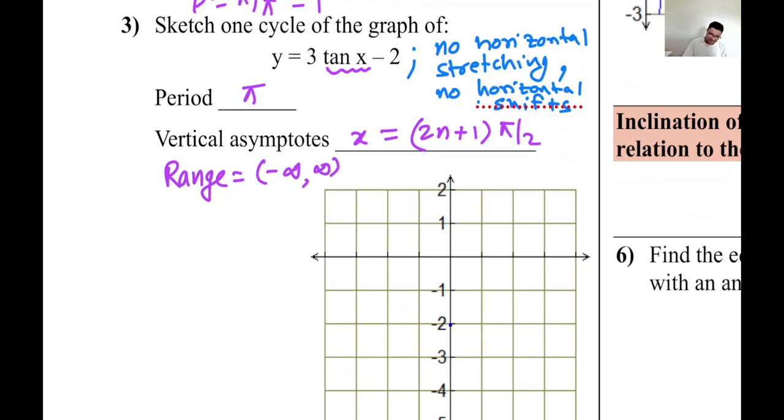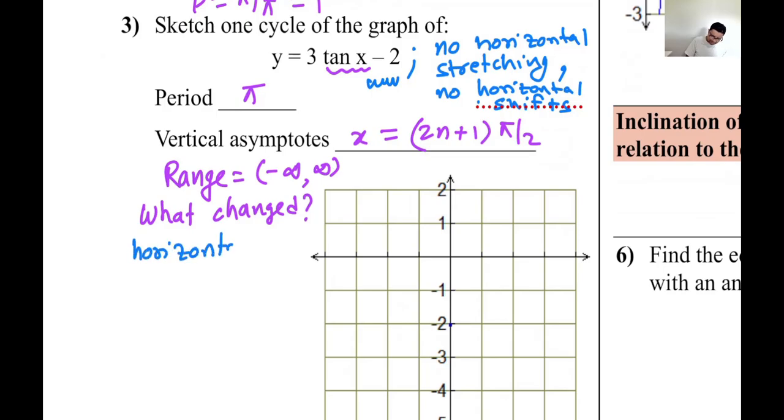What will change is, so I will write that here. What changed is this: you can call it the average position, or basically the horizontal line of symmetry, because you have moved it 2 units down.